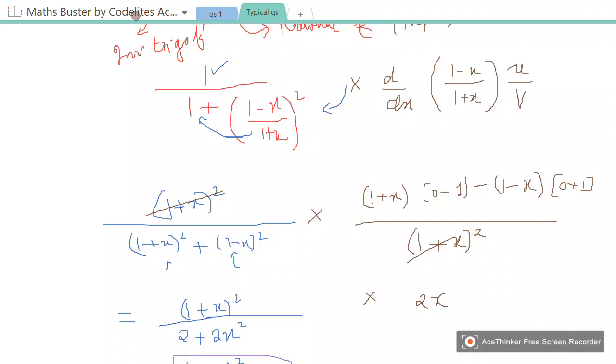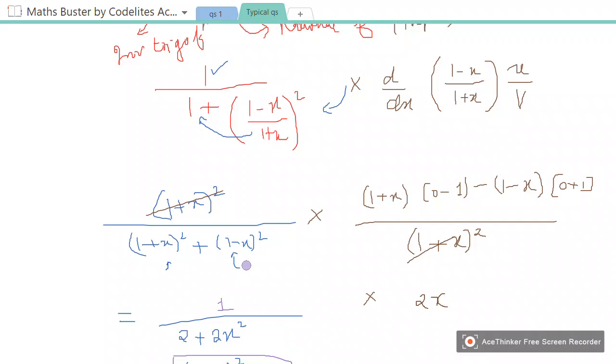So you will not have this term here. This will be 1, and this will be 2x.